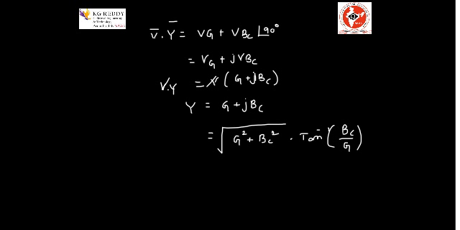Now from this, what is the conclusion? The current I leads the supply voltage by some angle phi. The resultant current I bar leads V bar by angle phi.